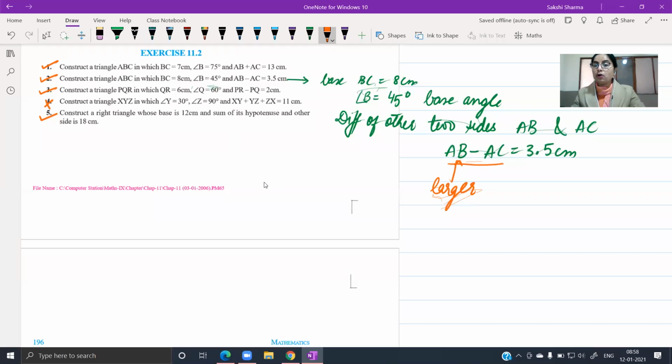So AB is the longer side. This is the larger value and this is the smaller value. That means what we want to observe here is that the base angle you are given lies on the longer side.